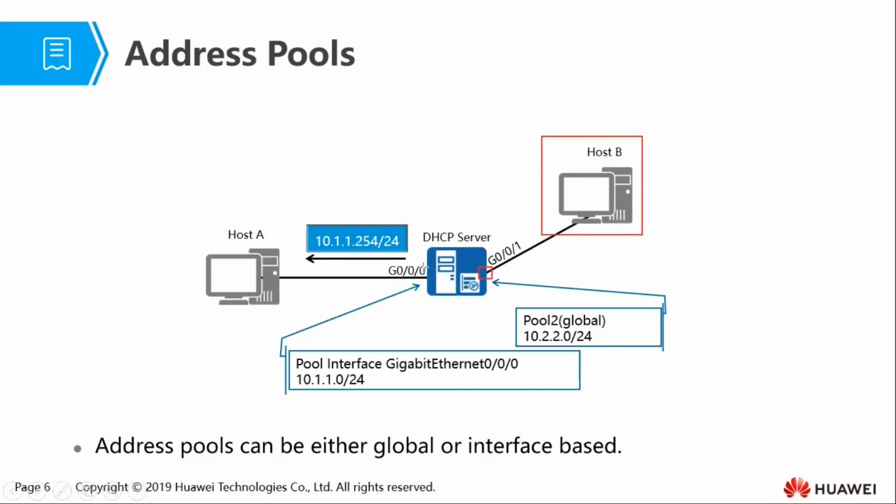Then these people that are connected via this interface, these are your students. Then on the global, these are your visitors. So you want to give each of these groups a particular address range for security purposes.